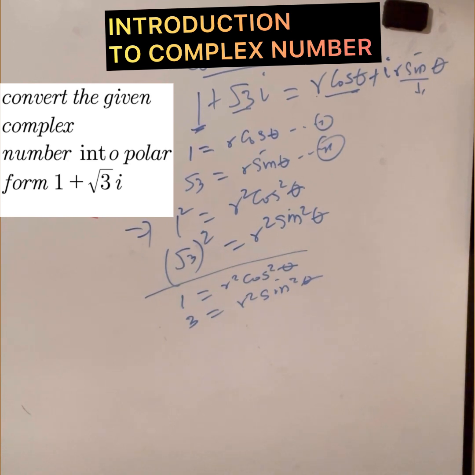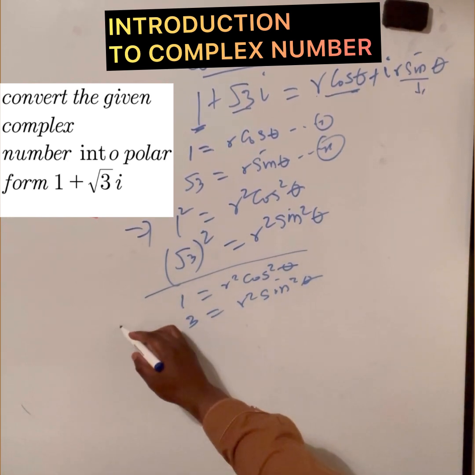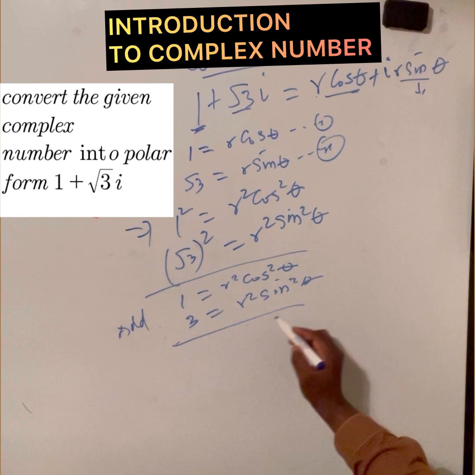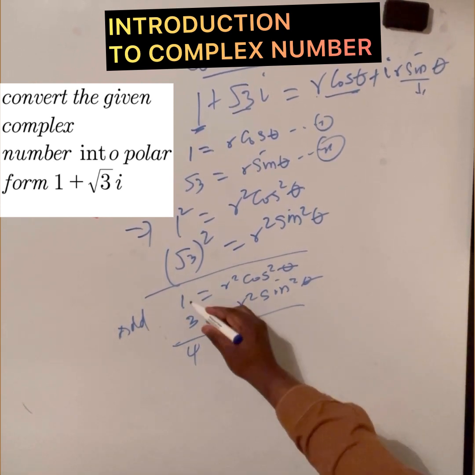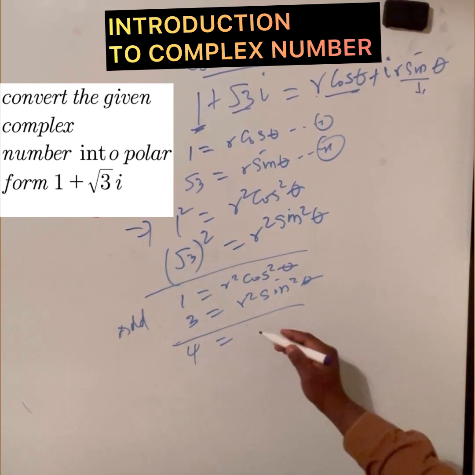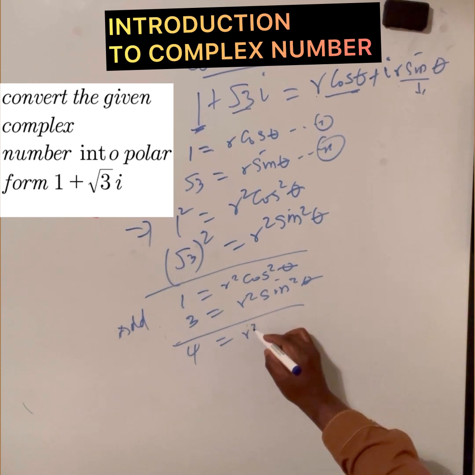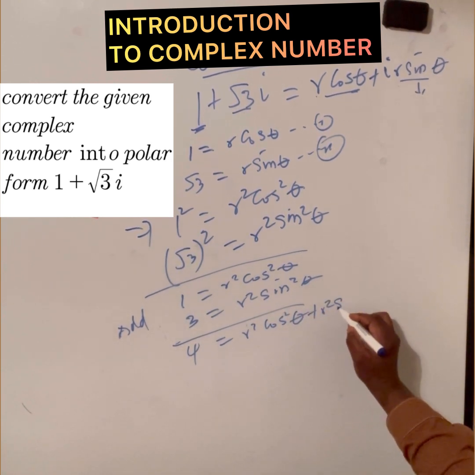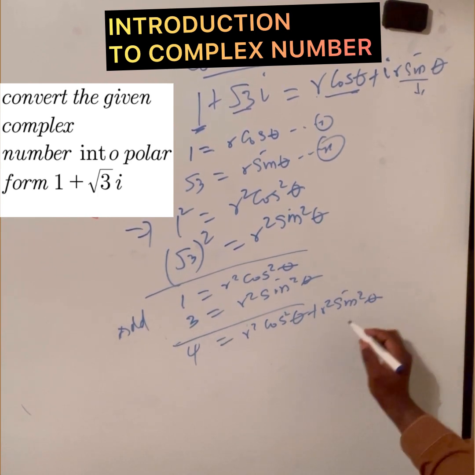So I'll add the two equations in order to find the value of r. Adding these, 1 plus 3 is 4, and I'll have r squared cos squared theta plus r squared sine squared theta.